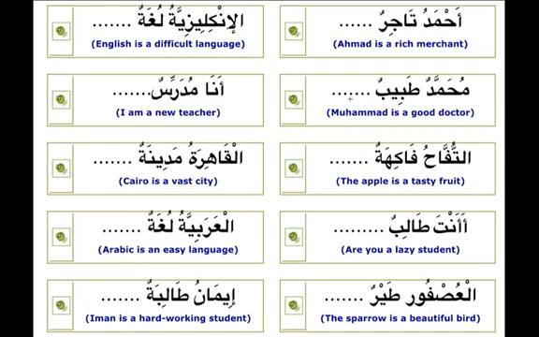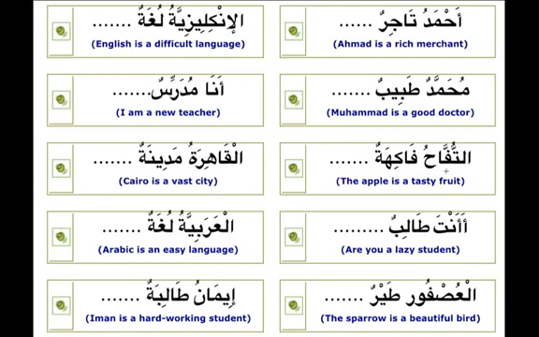Jayyidun means good. Ana mudarrisun. And we're telling I'm a new teacher. So Ana mudarrisun. New means jadidun. So we say Ana mudarrisun jadidun. At-tufahu fakihatun. Tasty means lazizun. But we have to use a feminine word. So we say lazizatun.